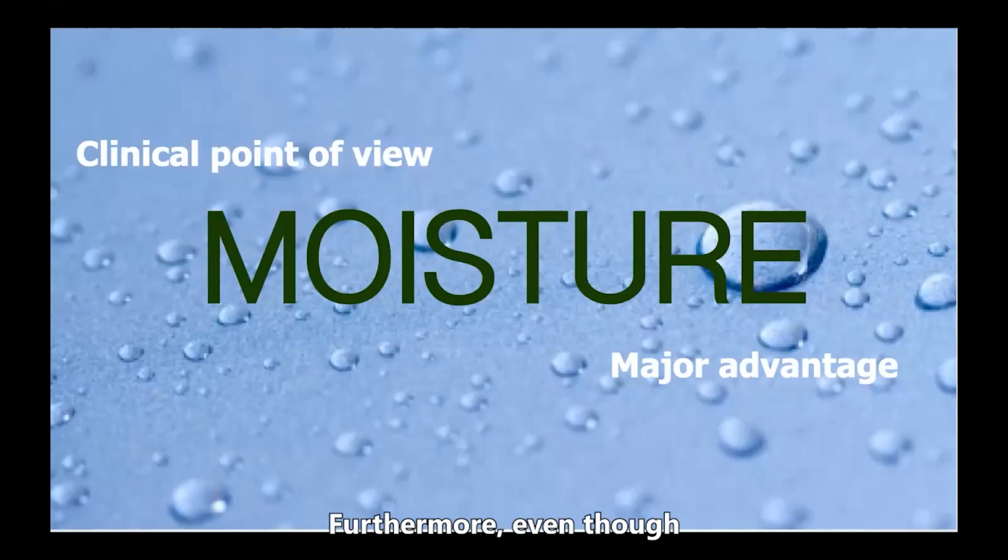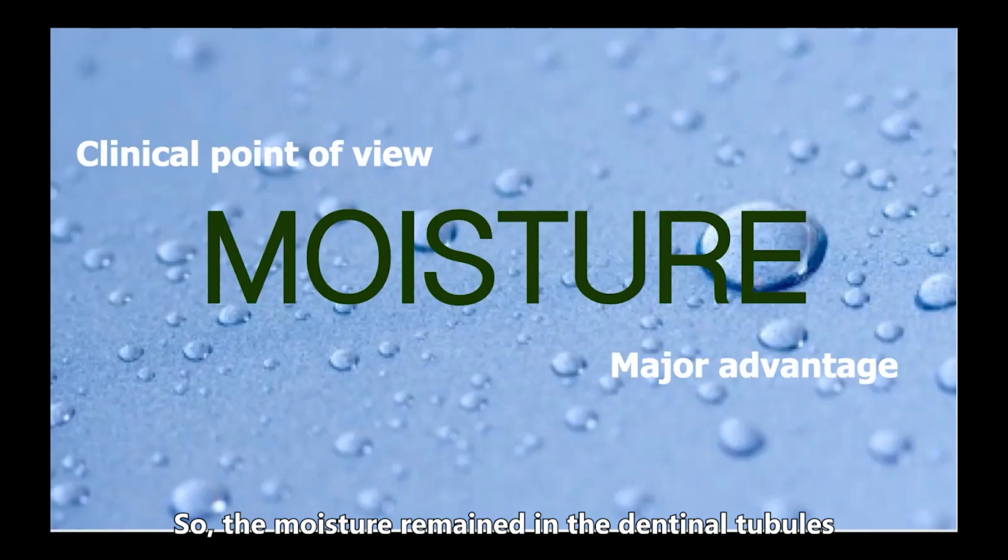Furthermore, even though we try our best to dry the root canal completely, we cannot remove all the moisture in the dentinal tubules. So, the moisture remained in the dentinal tubules may affect the performance of a resin-based sealer. As you know, resin is very susceptible material to moisture.